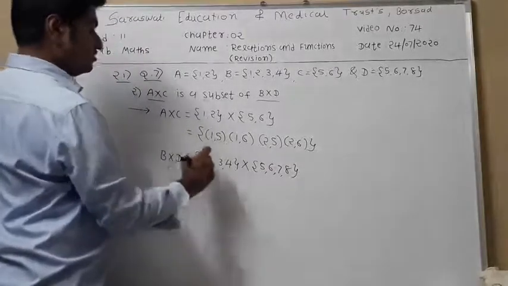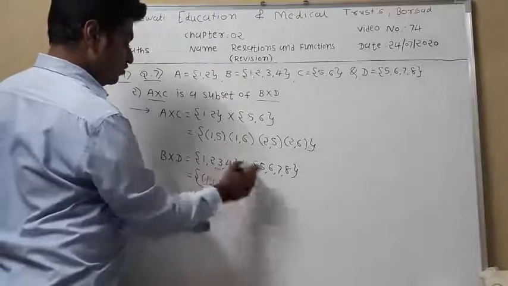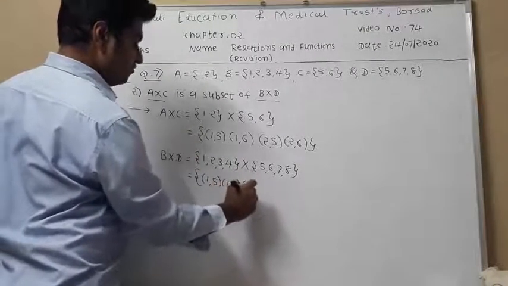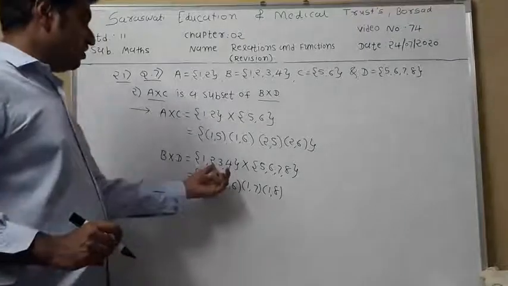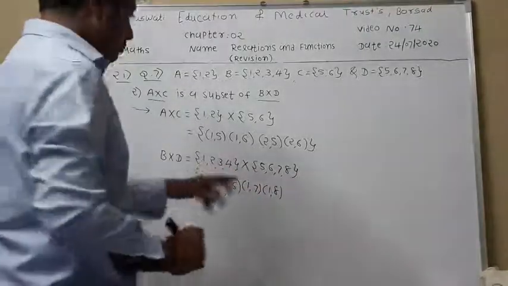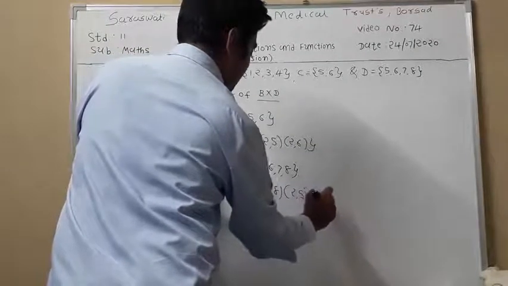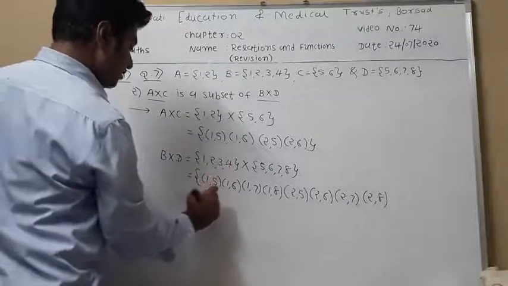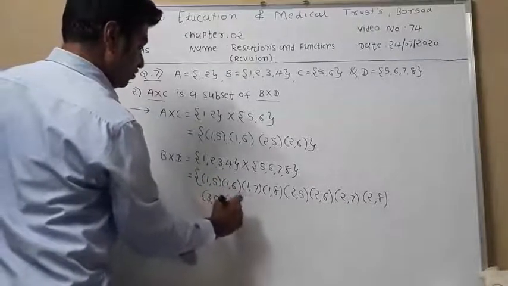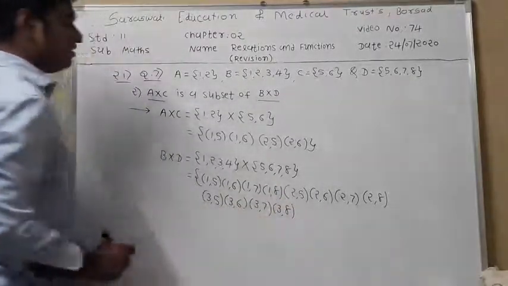So it is equal to the set {(1,5), (1,6), (1,7), (1,8)}. In the same way, 2 ordered pairs with 5, 6, 7 and 8: (2,5), (2,6), (2,7), (2,8). Now after that, (3,5), (3,6), (3,7), (3,8).